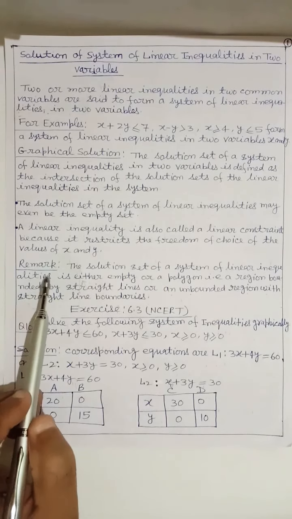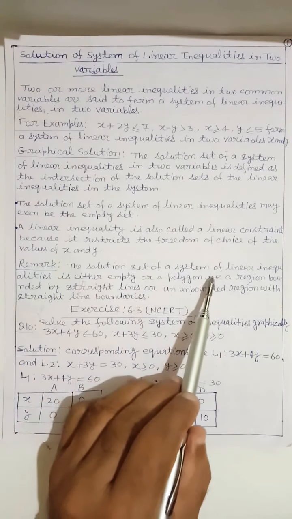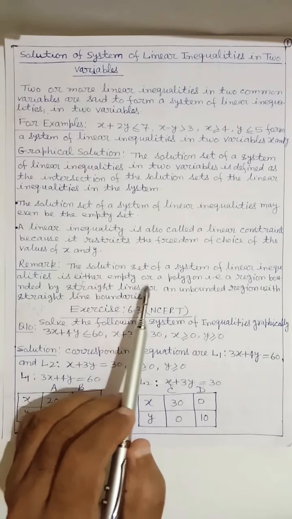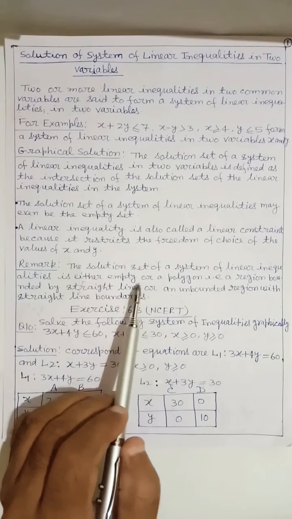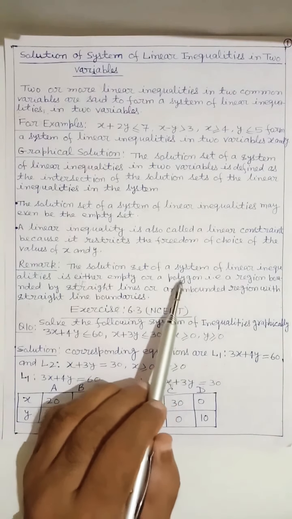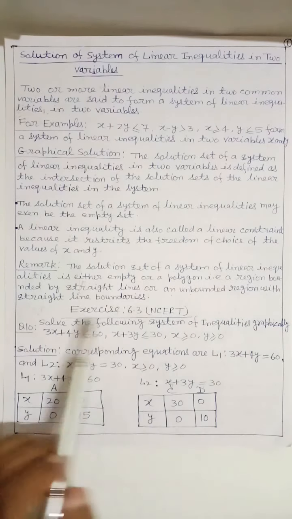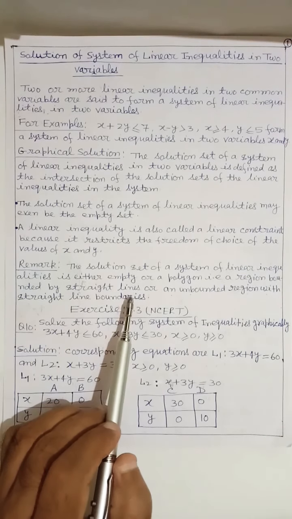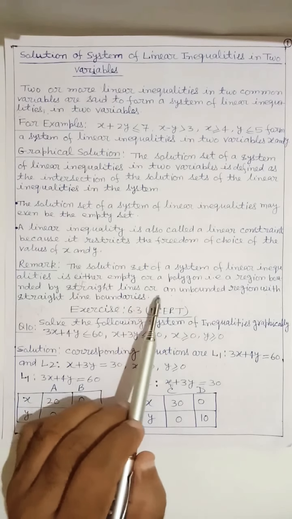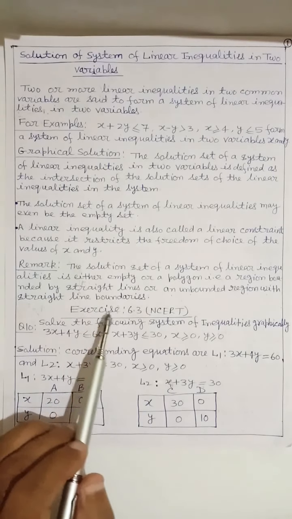Dear students, here is a remark: the solution set of a system of linear inequalities is either the empty set or a polygon, that is a region bounded by straight lines, polygon we already know, or an unbounded region with straight line boundaries.